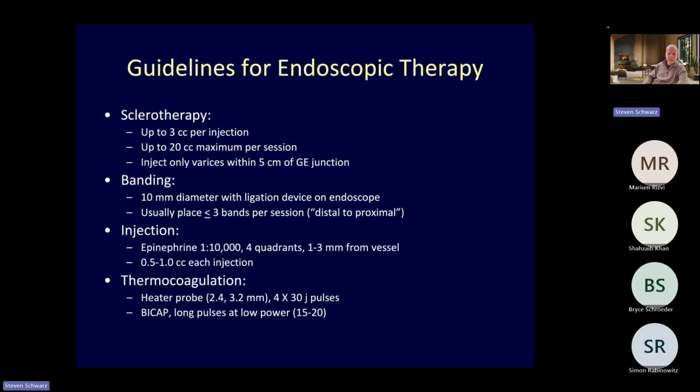So sclerotherapy, again, in the old days, this is what we used for varices. We don't use it for varices anymore. I'll show you how we do use the sclerosant solutions. Banding, of course, I don't know if you had experience. Have any of you had experience doing variceal banding? Not on a real person.